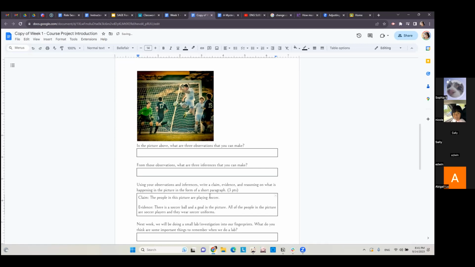Is there anything else that shows that they're playing soccer? There are a couple things. Yeah, he's kicking the ball. A person is kicking the soccer ball.